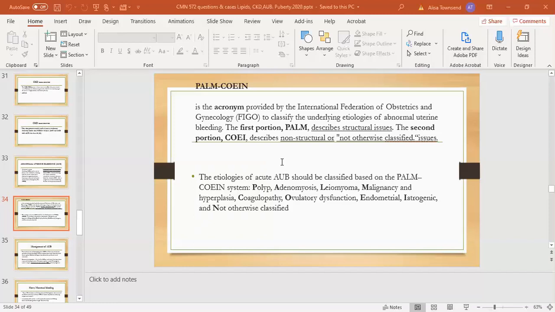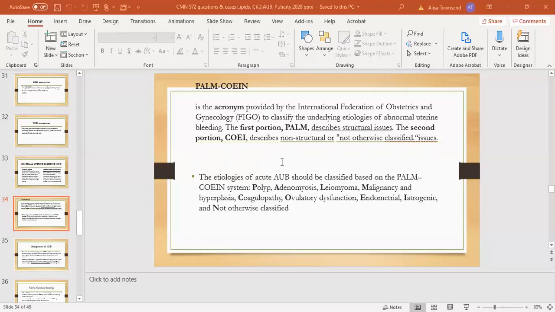When we're looking at this, we think of the issues related to abnormal uterine bleeding, what can be the possible causes. It can be from polyps, adenomyosis, leiomyomas, malignancy, hyperplasia, coagulopathy, ovulatory dysfunction, endometrial issues, iatrogenic, and not otherwise classified. There can be all these little things.